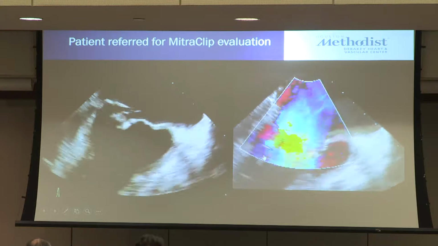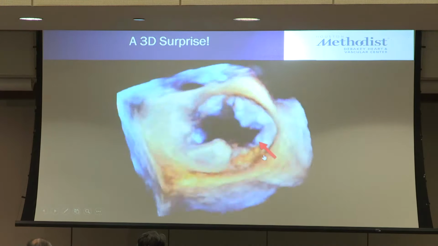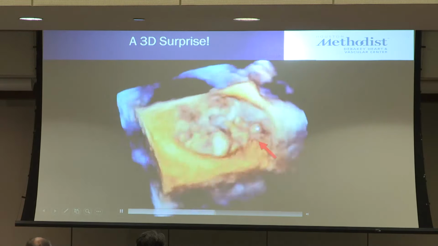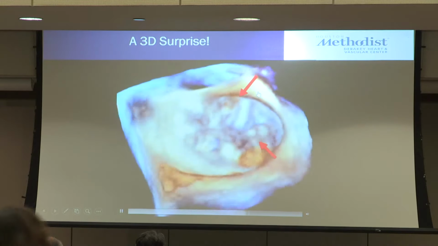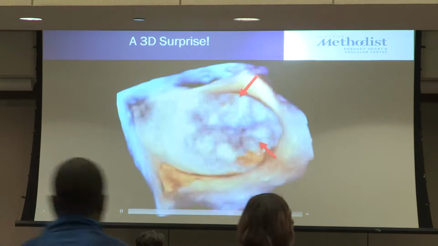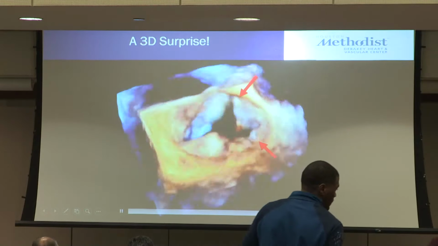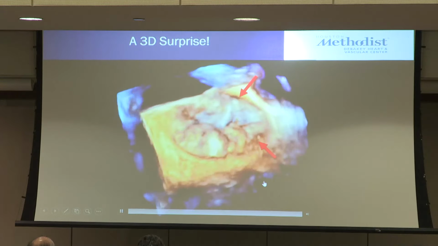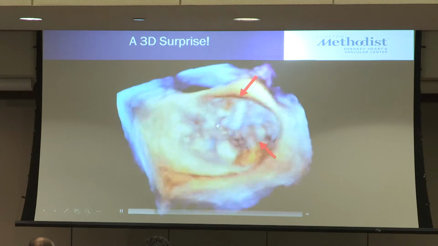When we did our 3D imaging of the mitral valve, in addition to the P3 flail that you see here, again, this is medial, so this is your P3, and you see that flail segment, there was also evidence of an anterior leaflet cleft, and that changes the procedural planning and the feasibility of placing a mitral clip in this position. So the 3D views played a major role in determining the planning of this procedure.